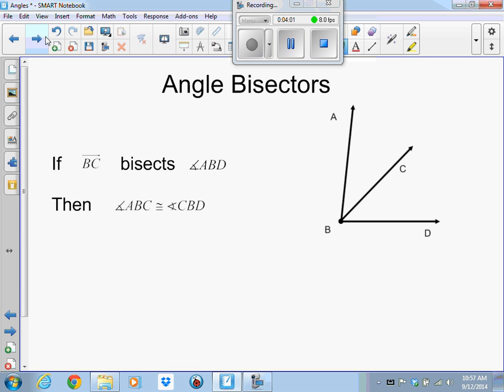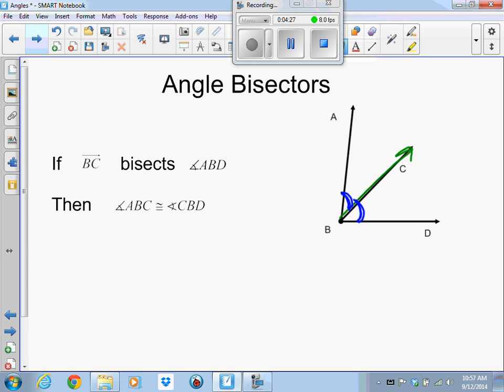Just like we had segment bisectors, we're going to have angle bisectors. If ray BC bisects angle ABD, then we can say angle ABC is congruent to angle CBD. We're going to use those little hash marks, I guess they're arcs, to describe that those are the same.